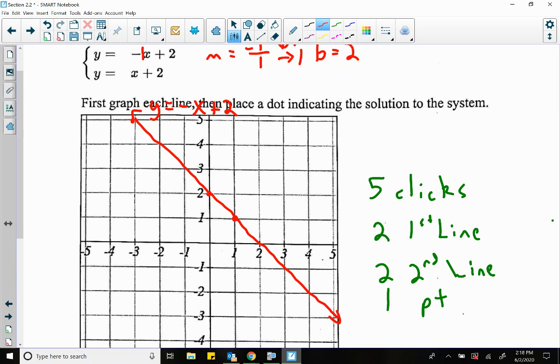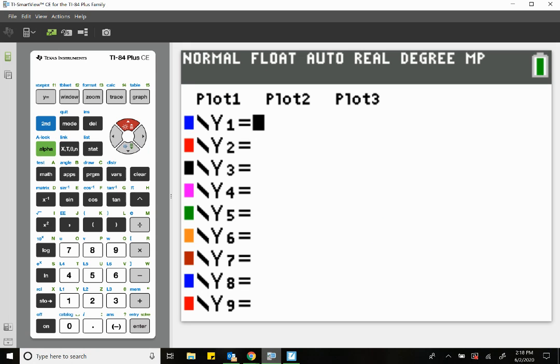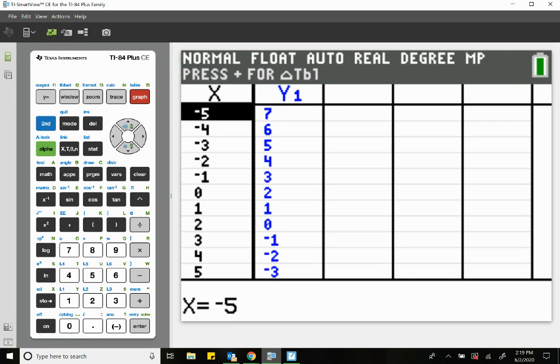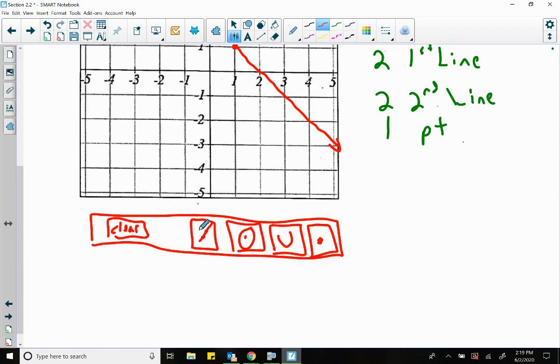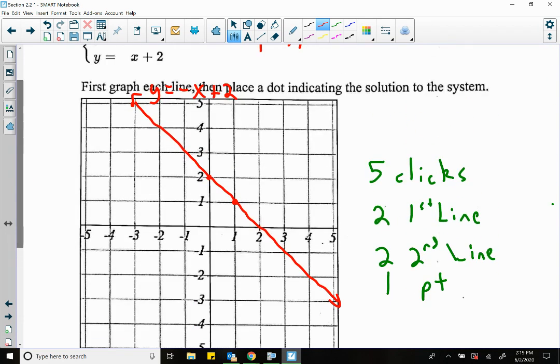Okay? If you did the graph, so negative x plus 2, and hit second graph, remember this is the table, remember you could have used any one of these points. So we could use the point 0, 2 and the point 1, 1, and then plot those 2 points. So again, I would come back here, I would come down, click the line tool, come up and plot 0, 2 and 1, 1, and then my line would form.